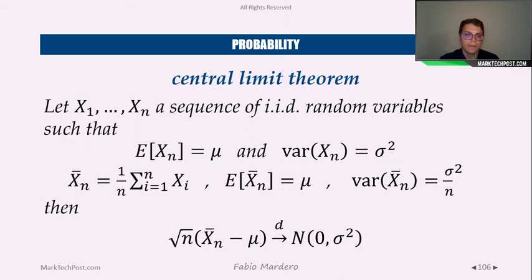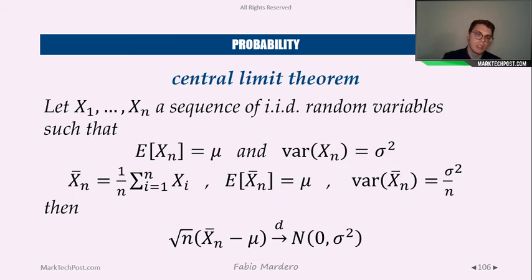We say that the expected value is equal to mu, and the variance of the random variables is equal to sigma squared. Then from probability properties, we know that the sample average has a mean mu, and the variance is sigma squared over n.